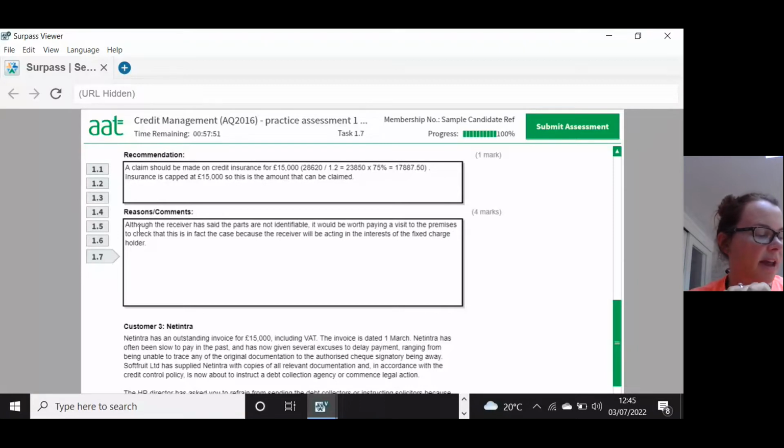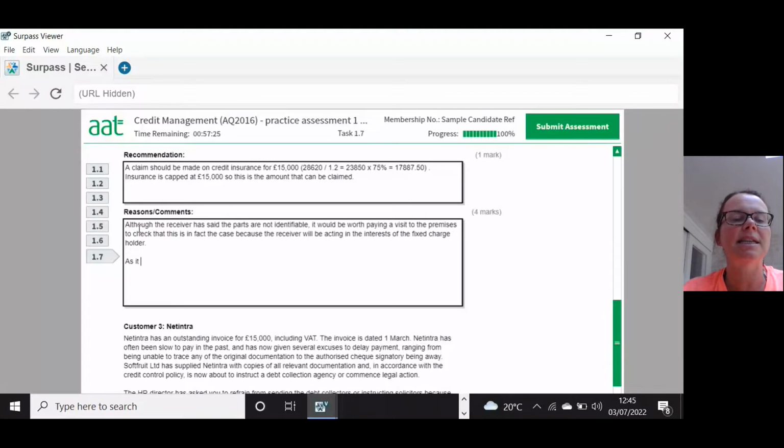What else could we say? There's a good point here in their suggested answer, the fact that it's an all monies retention clause. It says this means it would not be necessary to match any goods unpaid to specific outstanding invoices. So it's a bit more general.